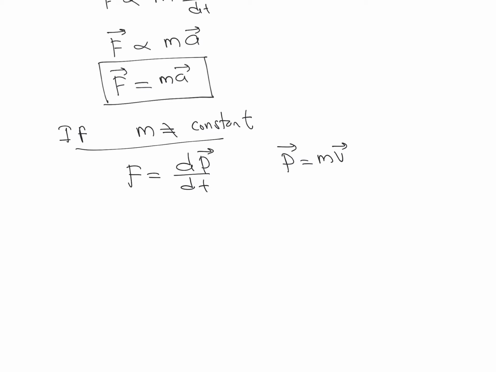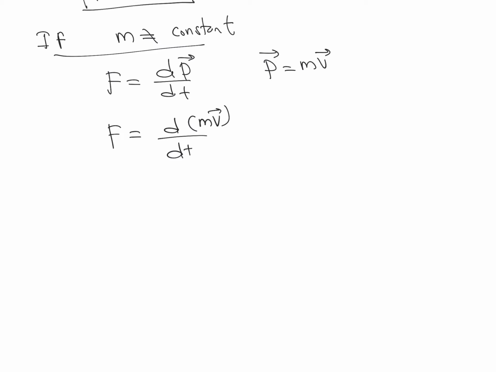If the mass of the object is changing, as in rocket propulsion or any other situation, then we need to differentiate both terms. So F equals the differentiation of m into v as a function of time.